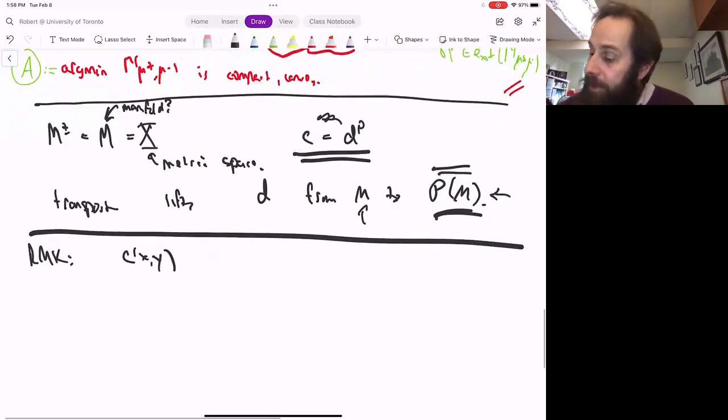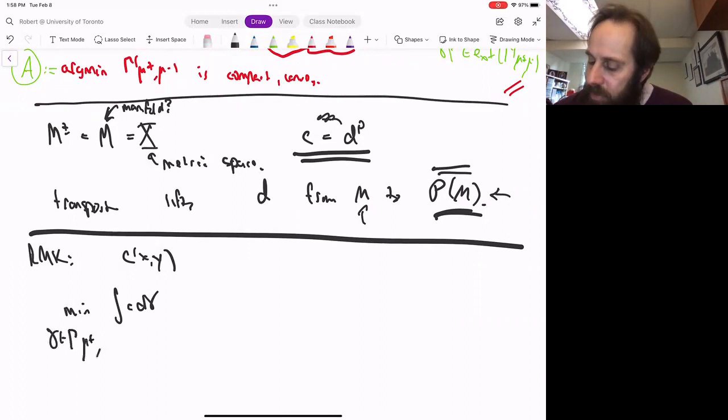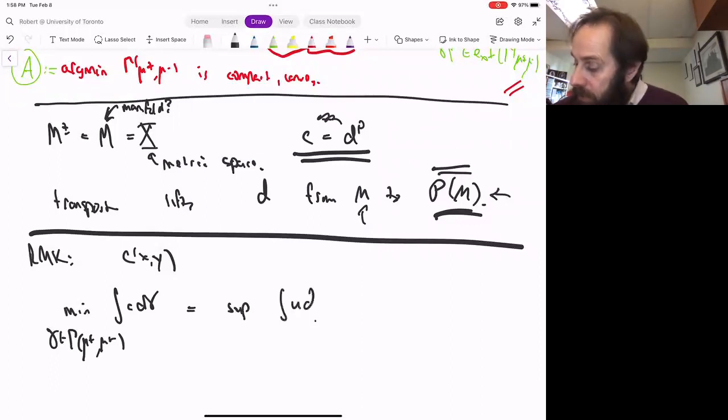The first thing I want to talk about is that, of course, we have this general duality theory that says the minimum of the cost against gamma, when I minimize over all measures with joint marginals mu and nu, is the maximum over functions of the integral of u d mu plus v d nu, where my sign convention here is that c is going to be bigger than u of x plus v of y.